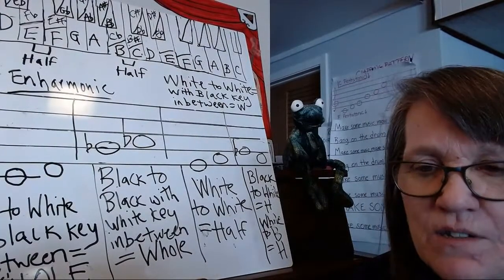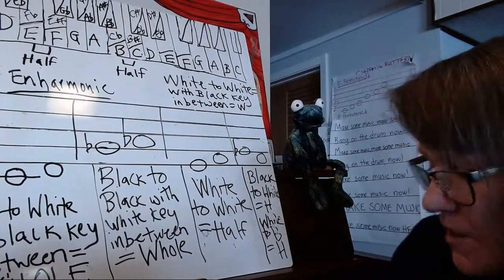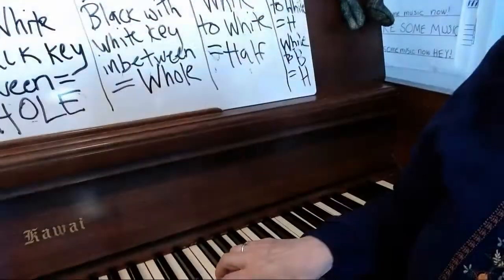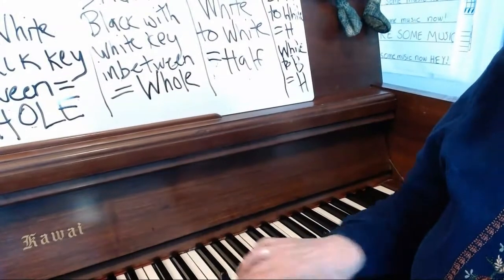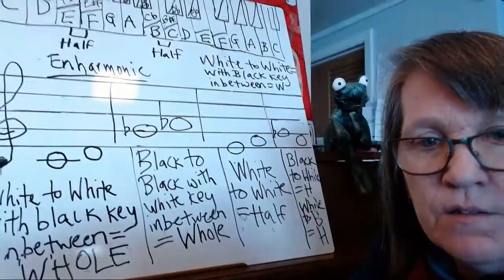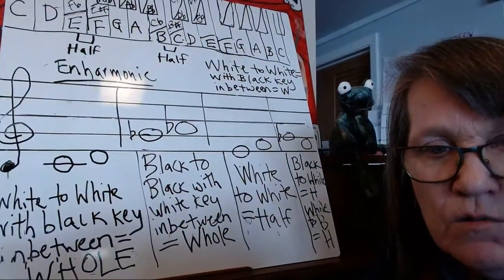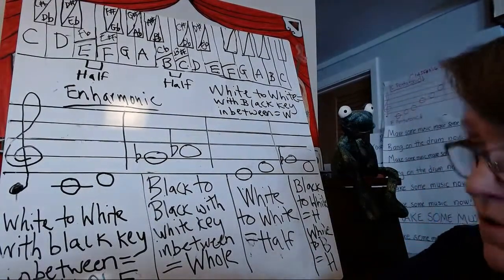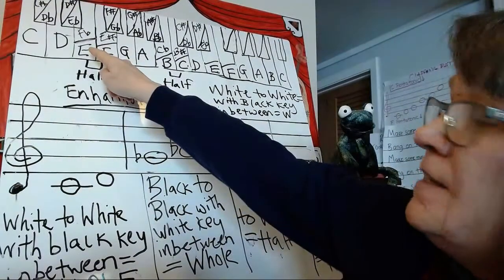Only four of them have two names that are white. Okay, and they're the ones that don't have a black key in between them. So between E and F, okay, and between B and C. So what we do is we just look at those notes as the relationship that they are to the other one. So this can be an E, right?